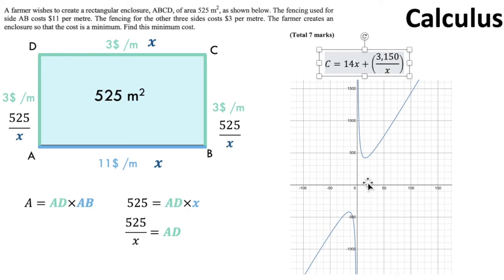But how could a distance be, for example, negative 50? It's impossible, right? So you can't have negative distances. It's not possible. And so this is why you ignore completely this whole part of the graph and you only consider this one right here. Okay, so I just want to point that out.